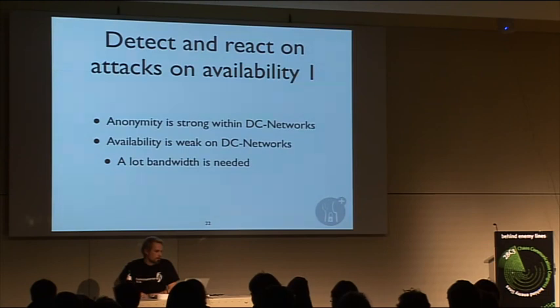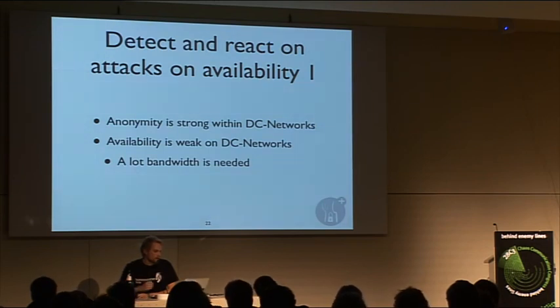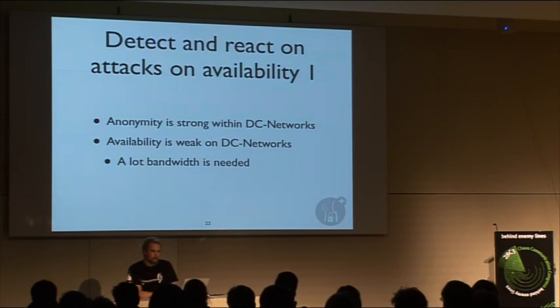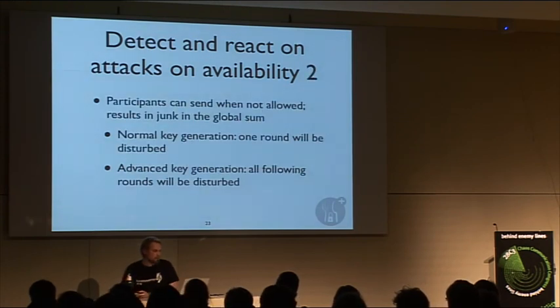The other attack, next to attacks on anonymity, is the attack on availability. We have already seen that the anonymity is very strong within DC networks, but the availability is quite weak. Not only do we use a lot of bandwidth to exchange just one message, but participants can also send when they are normally not allowed to.